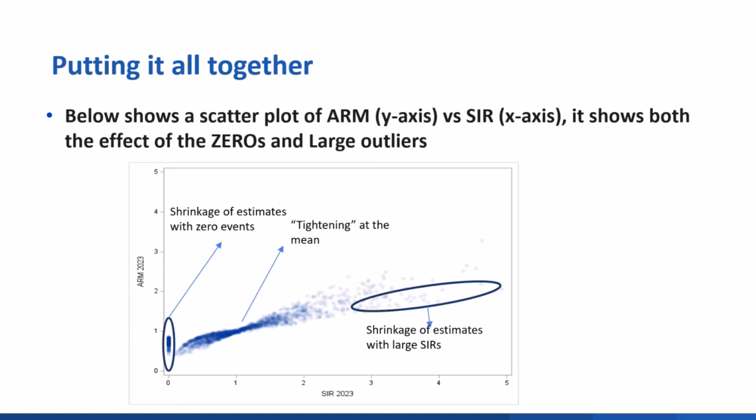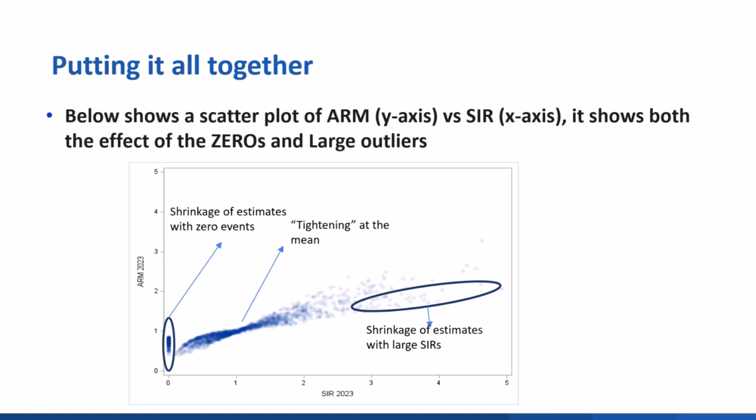So let's put all of this together now. This is a scatter plot where each hospital represents a dot. On the y-axis is the arm value. On the x-axis is the SIR value. And it's going to show both of these phenomena that we just talked about. The first thing I want to direct your attention to is on the left of the plot.